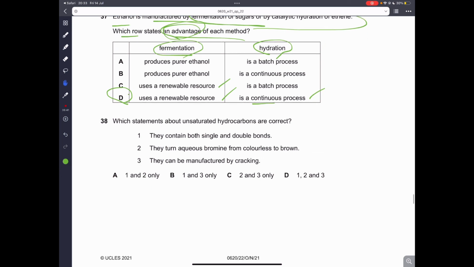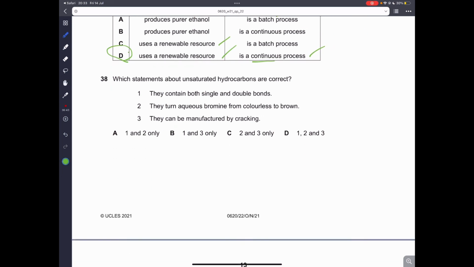38. Which statement about an unsaturated hydrocarbon is correct? Unsaturated means they have C=C double bonds. They have one or more C=C double bonds. So they contain both single bonds and double bonds. Yes. But the important thing is they have to contain at least one or more double bonds.